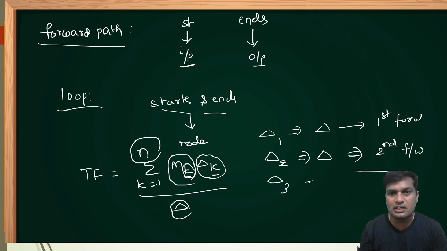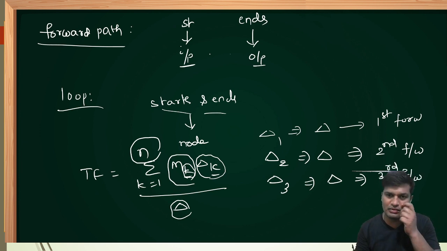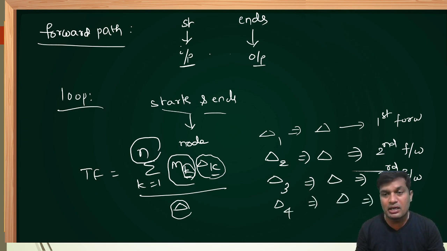Del_3 is also determined from Del by removing touching loop gains to the third forward path. Del_4 is also determined from Del by removing touching loop gains to the fourth forward path, and so on. Del_k is determined from Del by removing touching loop gains to the kth forward path. This is the general discussion.